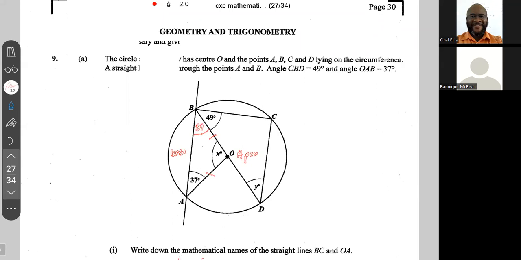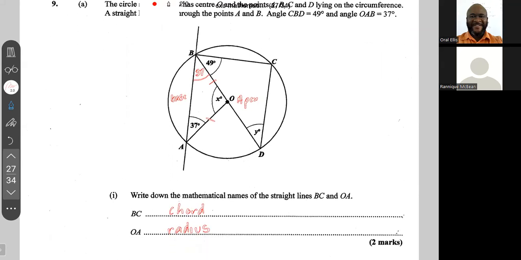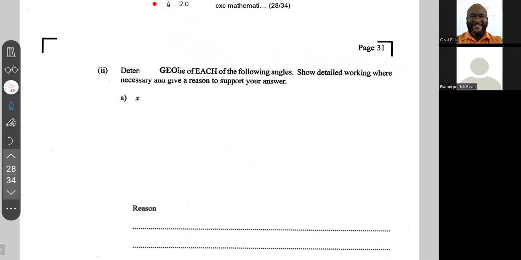So that's 37 degrees. So therefore now I can say X is equal to 180 minus 37 plus 37. This is 180 minus, what is this, 74.